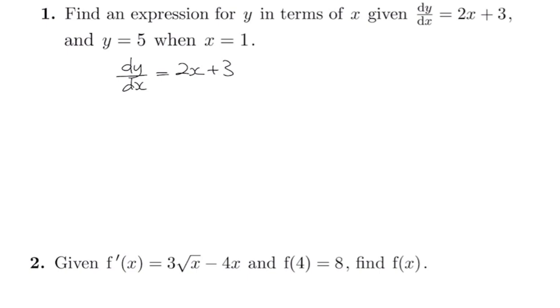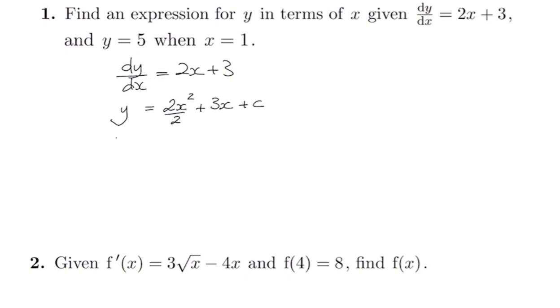To get it back to y, we integrate. We add 1 to the power, so you get 2x squared divided by 2, the new power, plus 3x, and then we add our constant plus c.